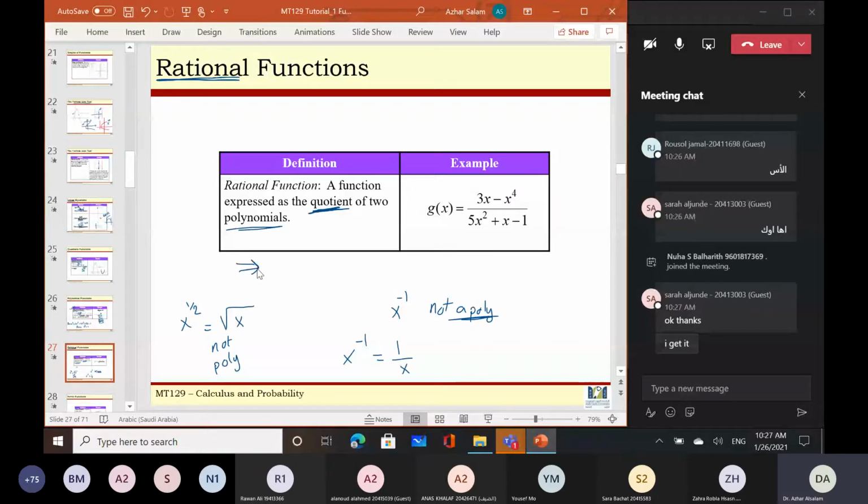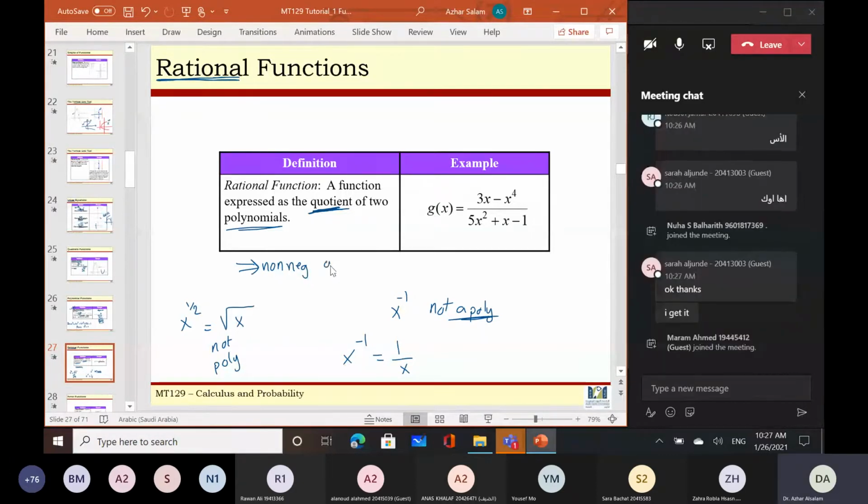That's why I said that it should be non-negative and integer. integer معناتها أعداد صحيحة. لازم تكون أعداد صحيحة موجبة غير سالبة. لهذه الأسباب، لما تكون سالبة معناتها أن الإكس في المقام، لما تكون كسرية معناتها أنها تكون داخل جذر. أوكي، نرجع لل rational functions.